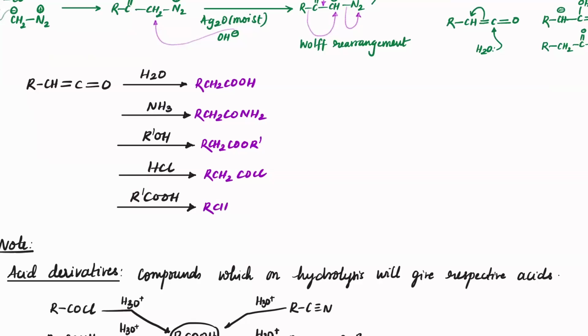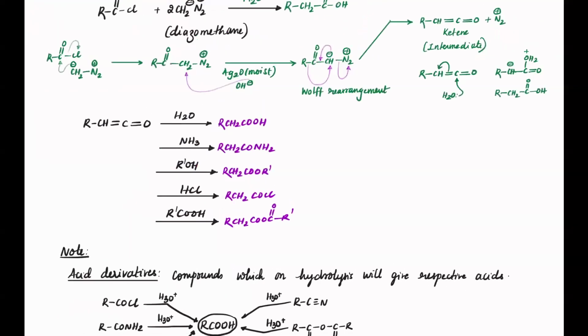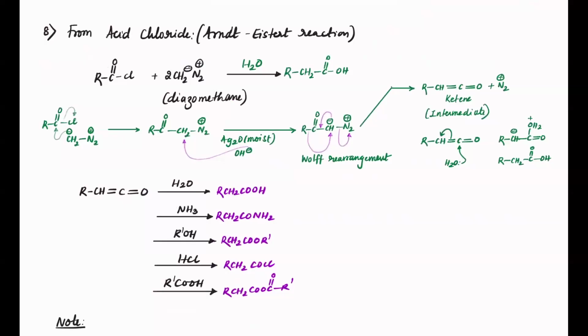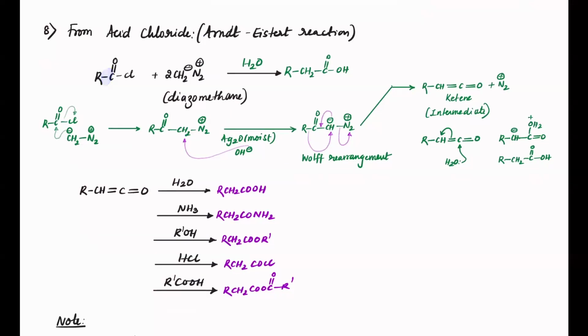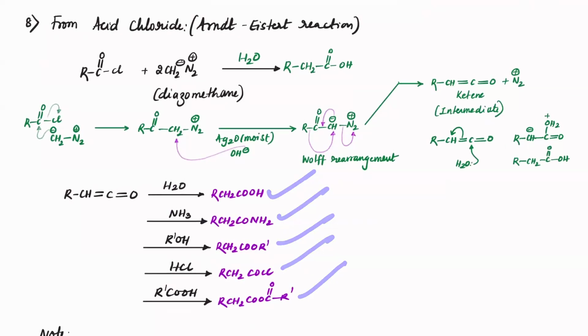Here this will be, okay, sorry, RCH2CO, C double bond O R dash, like this. That is an anhydride form. So you'll get this as an anhydride form. Correct. So especially if you want to increase a carbon length, along with that you want to get any carboxylic derivative, this is the best reaction. Clear, everybody?